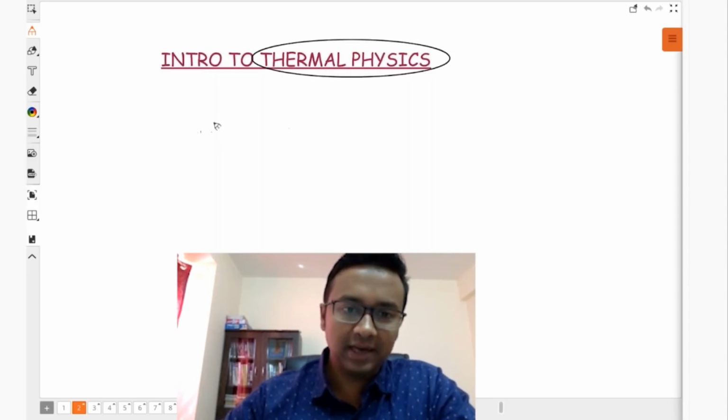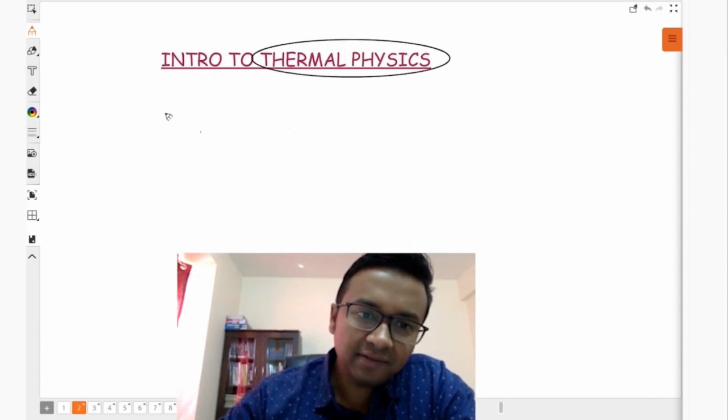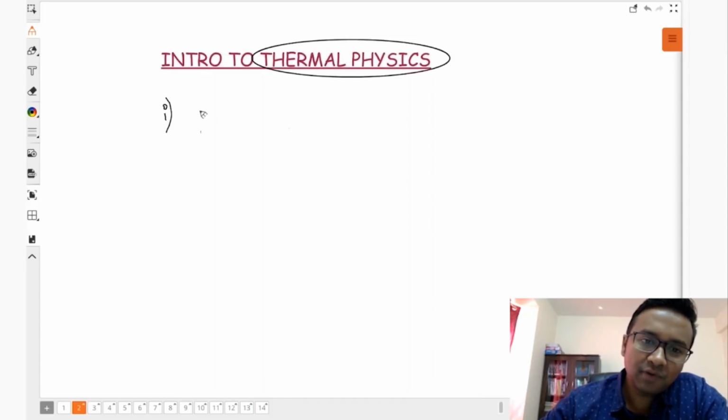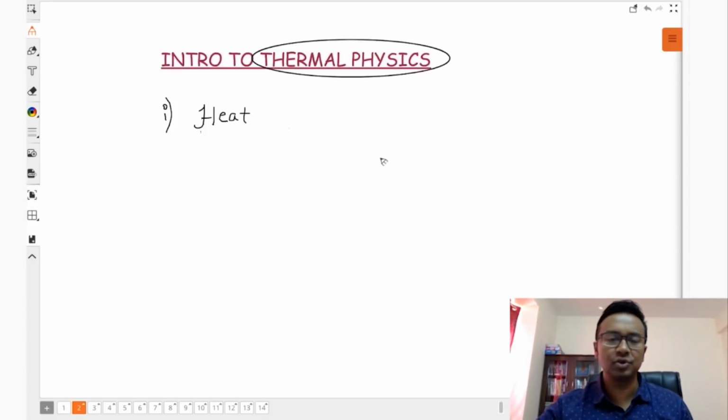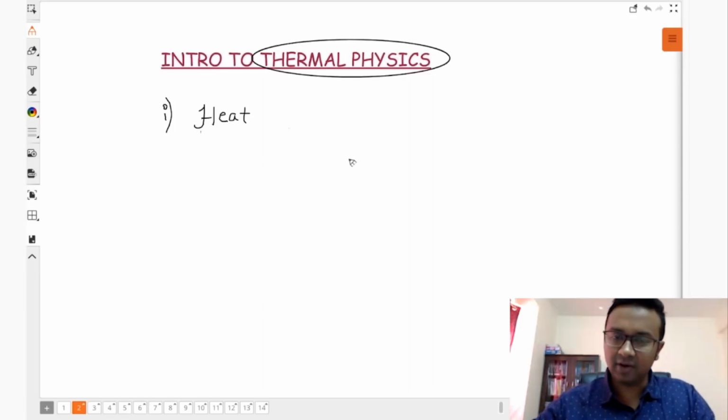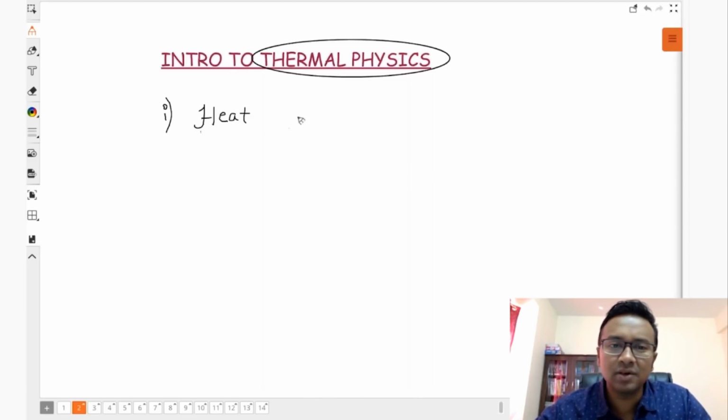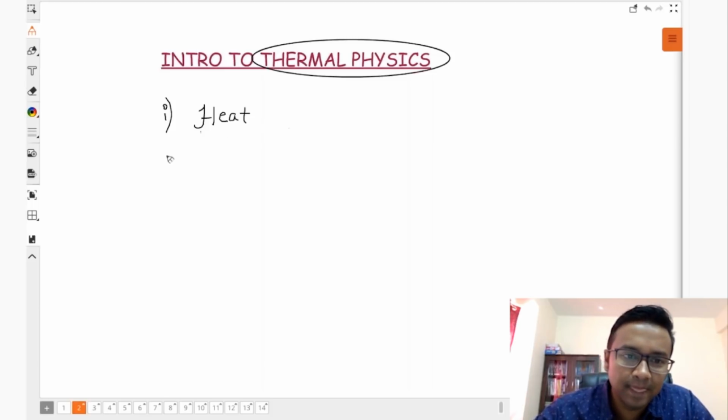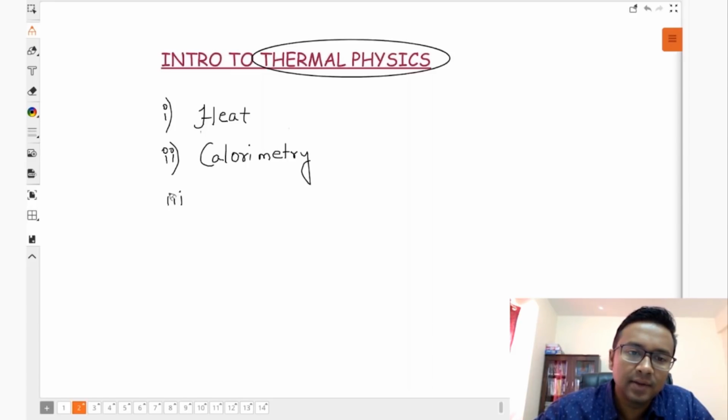If you look at it broadly, we have the basic concept of heat, dealing with temperature and its different scales and how you measure them. Then we come to thermometry. These deal with the basics of heat. Then we look at a topic called calorimetry, and then we go to thermal expansion.